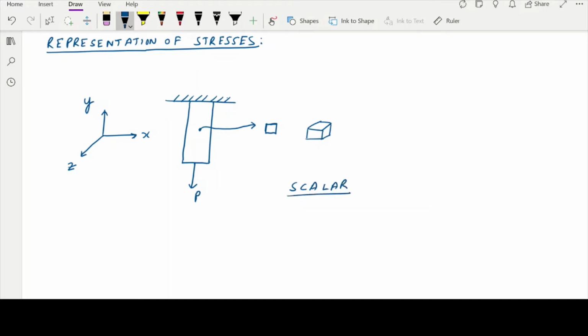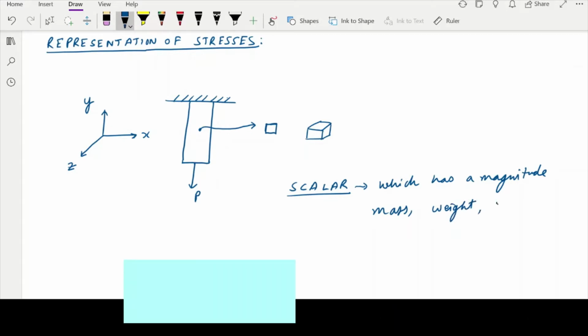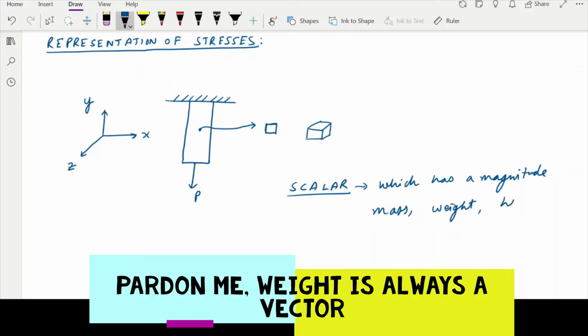A scalar quantity is something which has a magnitude, like mass, weight, height, etc. Weight, in certain cases, may be referred to as a vector as well, but in general, weight is also a scalar.